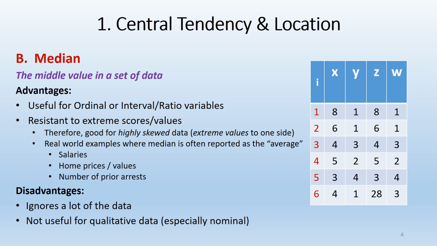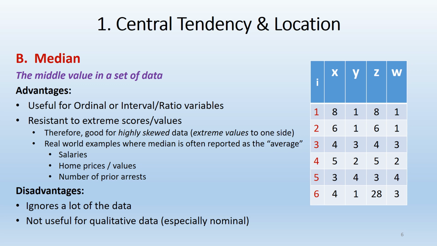Second, and this is what we saw with the comparison on the previous slide between the median for variable x and the median for variable z. And that is that the median is very resistant to those extreme values or those outliers.